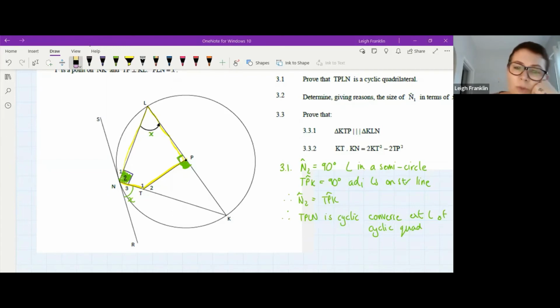All right, so Zianda, what we would have had to do in this case is we still would have had to start in the same way. Zianda, this is for you up here. I'm writing 3.1, so this is the alternative. We would have still had to say that N2 is 90 because of angle in a semicircle.